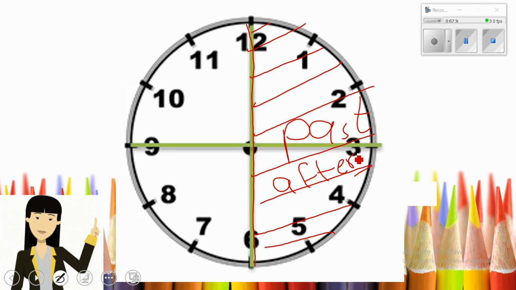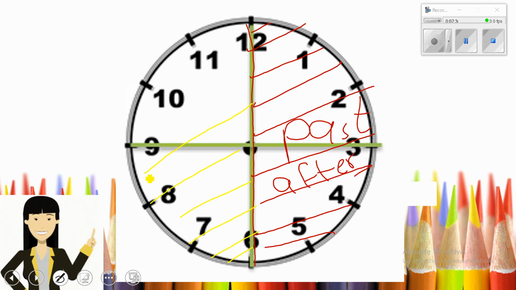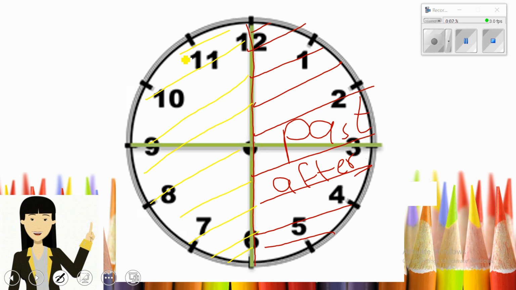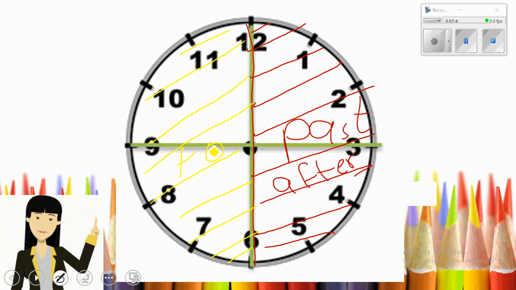The other one with the yellow color, I will call it to or before.